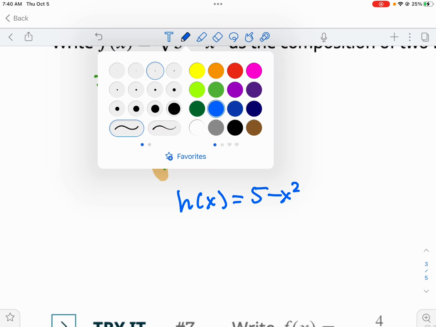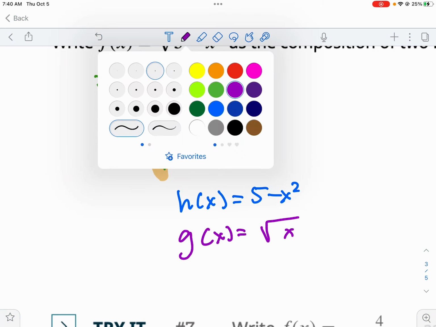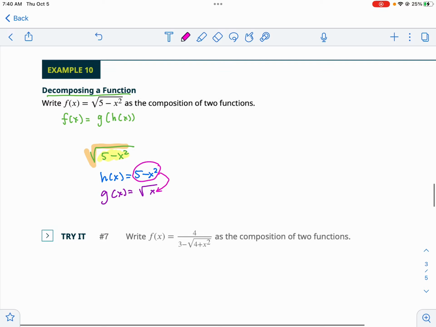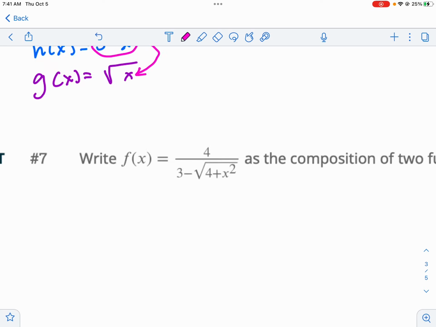And g of x is equal to the square root of x, because f of x is just this replacing that. And h and g is just the next letter of the alphabet. That's why I chose g and h.